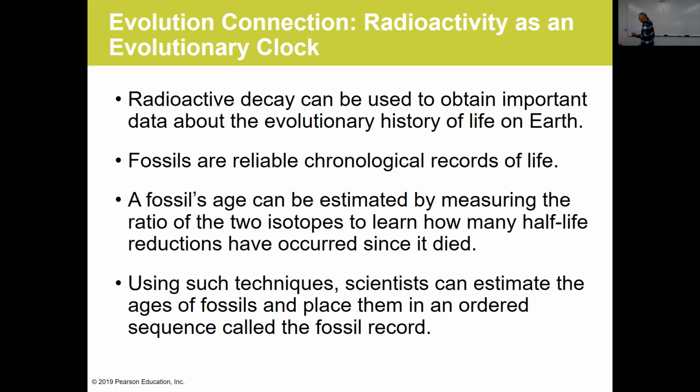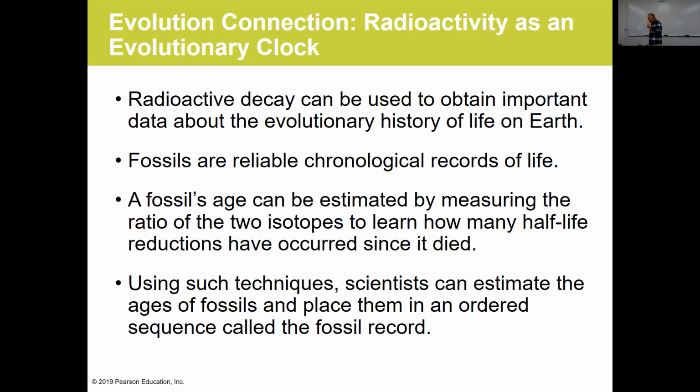Fossils are reliable chronological records of life. Yeah, they're reliable. As we'll see when we tackle the evolution chapter, they're very important evidence for evolution, but it's really incomplete. But they're reliable. It may be incomplete, but reliable.